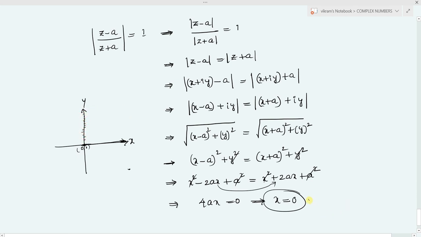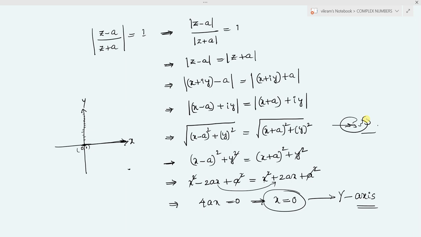That means the locus of the given point is nothing but the y axis, that is, x equals 0 is the locus of the given point. So this is the way of finding it. Just recall all the problems, then try to solve a few more problems based on these concepts. Thank you.